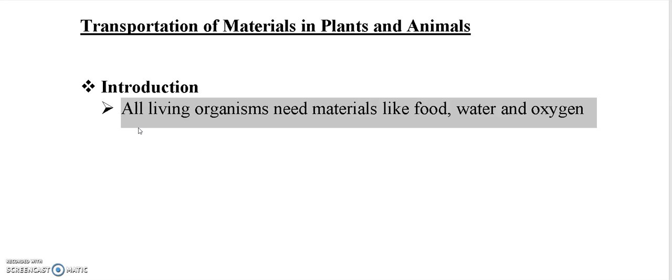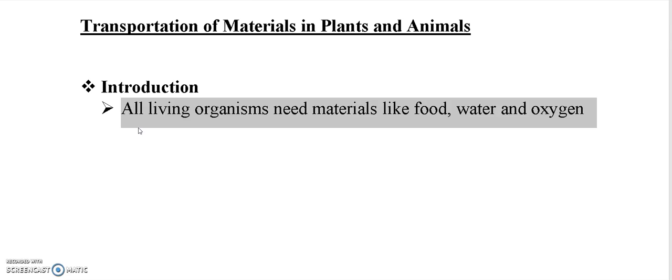So basically, food and oxygen are transported. If I talk about human beings or animals, food and oxygen are transported to all the cells in the body. Not only organs, they reach the cell. So they go to a cellular level in our body. Why? For respiration and growth.